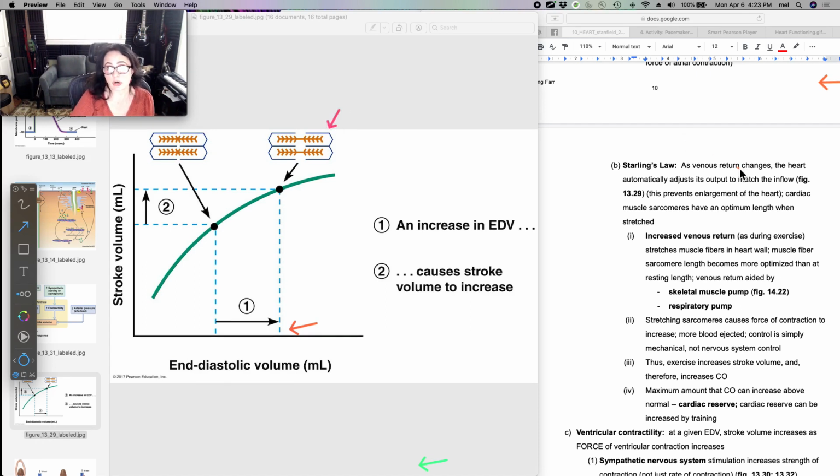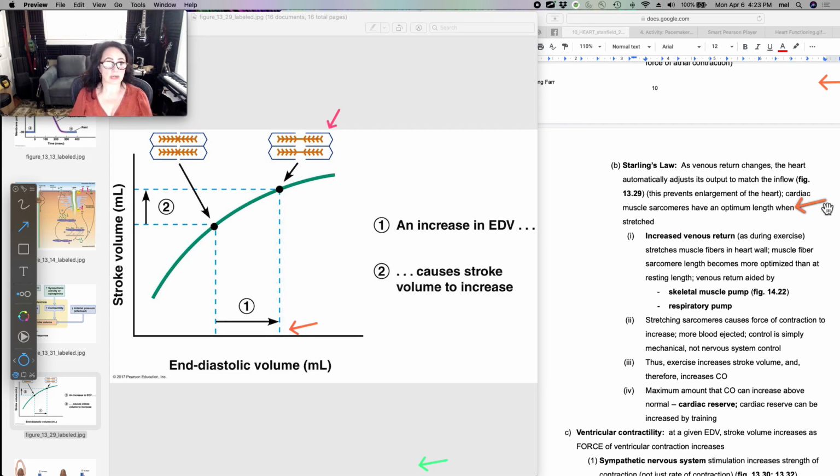So as venous return changes, as you get more blood into the atria and therefore into the ventricles, the heart automatically adjusts its output to match the inflow, which prevents enlargement of the heart, because when will you contract best? When you are very full. Cardiac muscle sarcomeres have an optimum length, and they hit that when they're stressed.